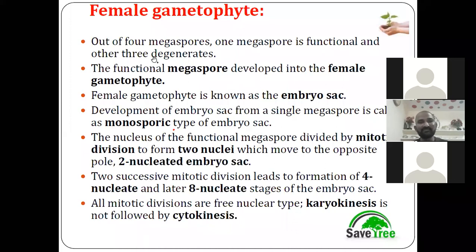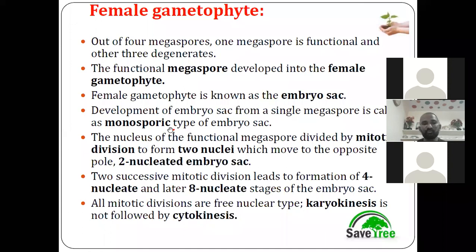In this linear tetrad, 3 cells disintegrate and only one functional megaspore remains. This functional megaspore develops into the female gametophyte, which is also known as the embryo sac. When the embryo sac develops from only one megaspore, it is called monosporic, meaning a single megaspore.